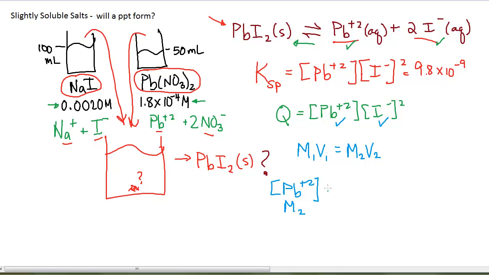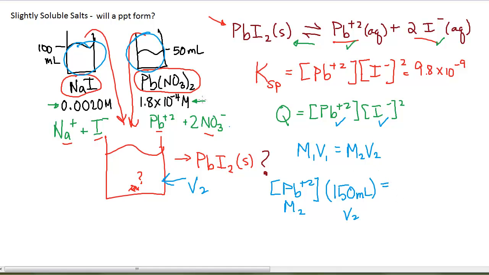This is my M2. My V2 is the volume of everybody together. Now typically volumes aren't additive unless you have dilute solutions, and these are very dilute solutions.